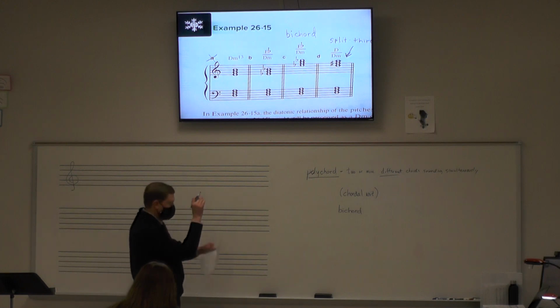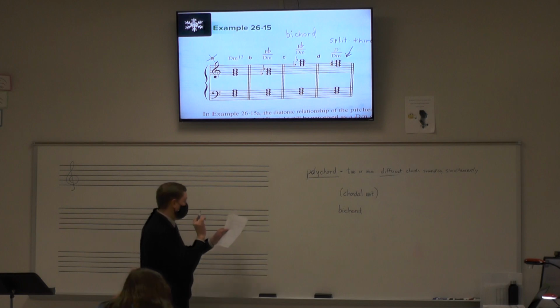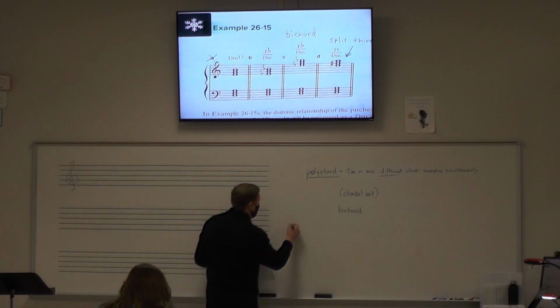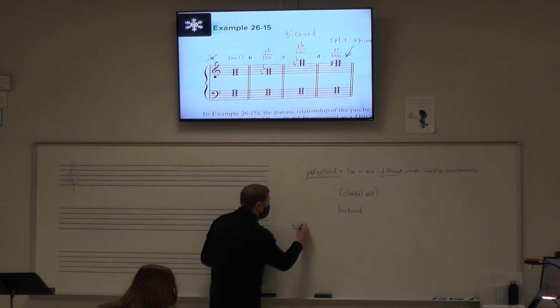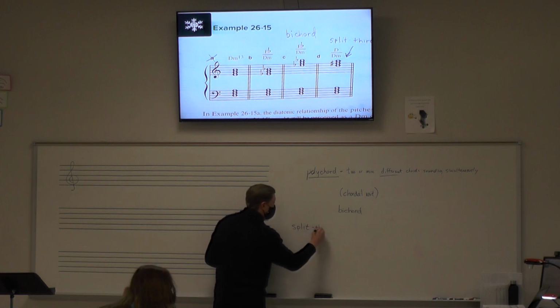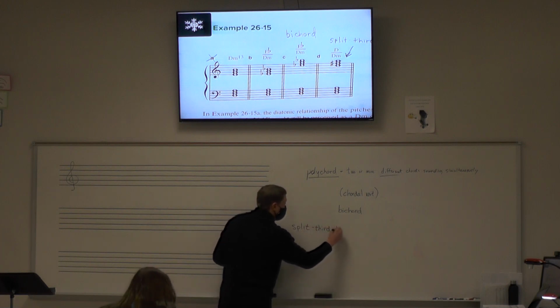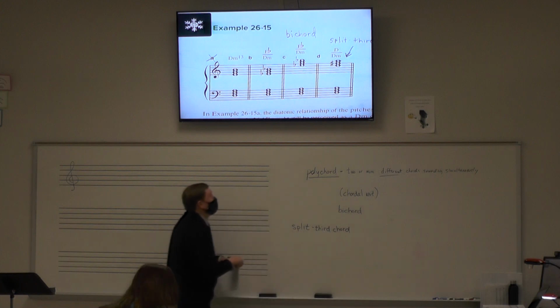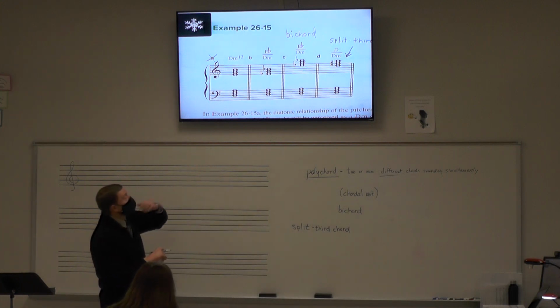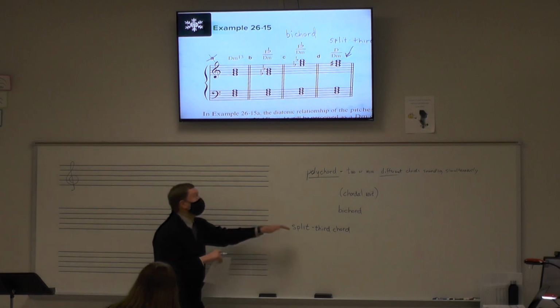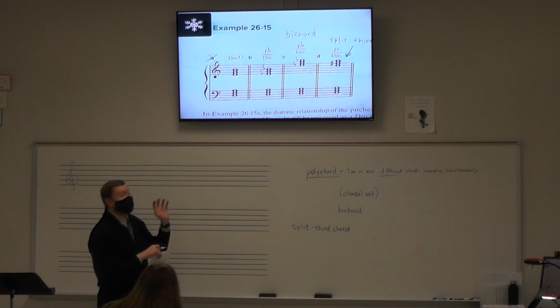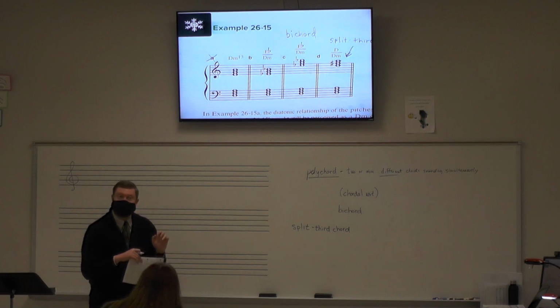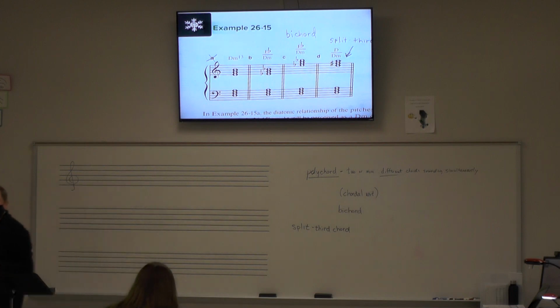Well, a polychord that has, let me say this again, a major and a minor triad built on the same root has a specific name, and that polychord is called a split third chord. So yes, the sonority in measure D is a polychord, but specifically it is a split third chord because it's a major and a minor triad built on the same root. And they're sounding at the same time.